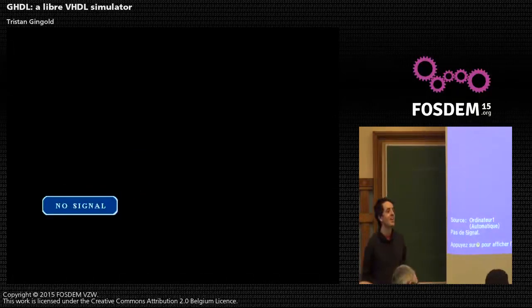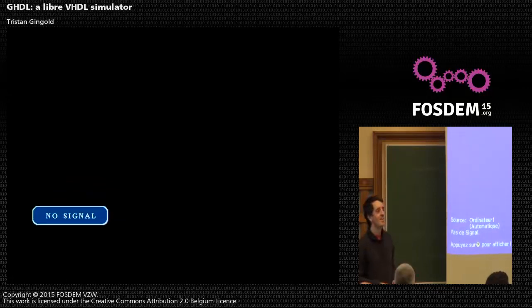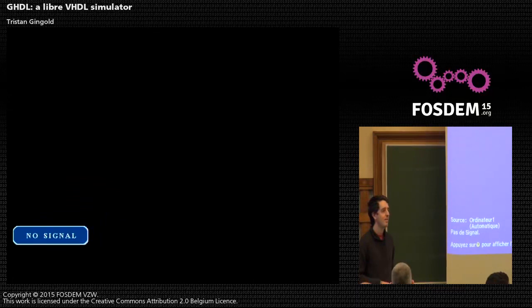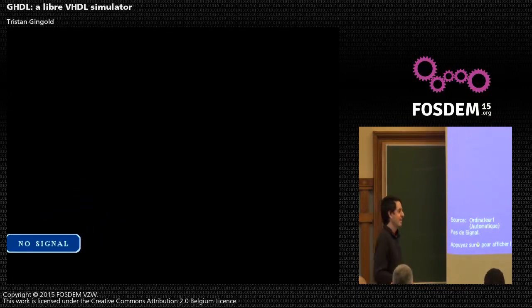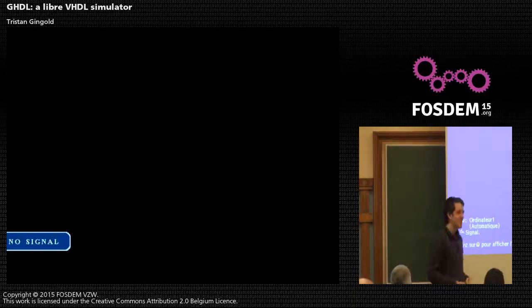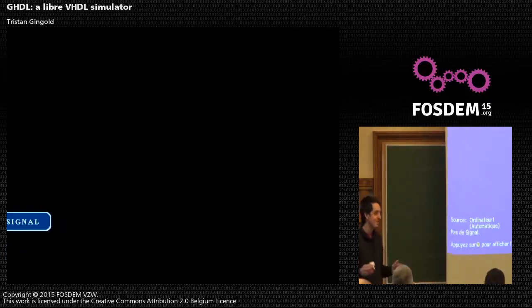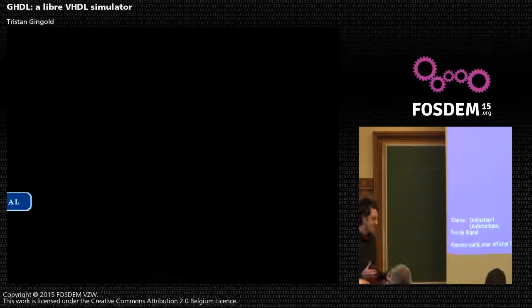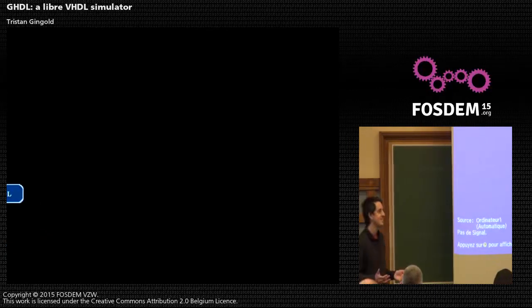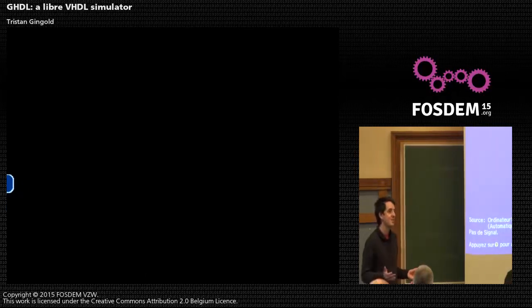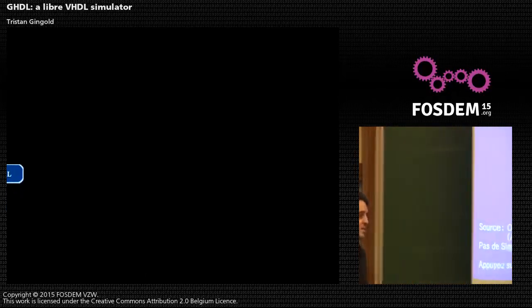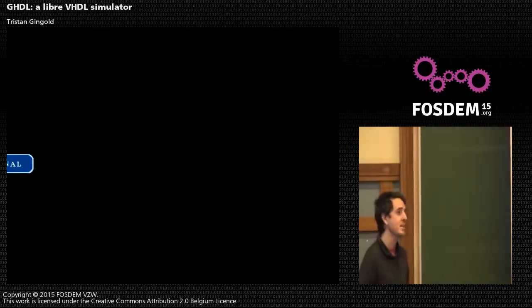So, what's your roadmap between the backends, and which backend would you consider the most improved? Good question. The question is about which backend is the most suitable. GCC is widely portable, but it doesn't scale very well with big designs.